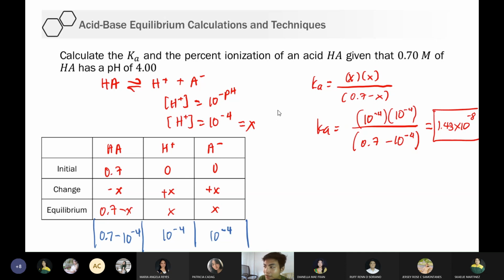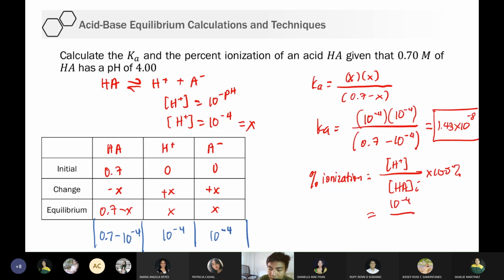So yan, galing, no? How about the percent ionization? So for the percent ionization, that is the H+ at equilibrium divided by the HA initially times 100%. So that is 10 raised to negative 4 divided by 0.7 times 100%. The percent ionization is 0.014%.